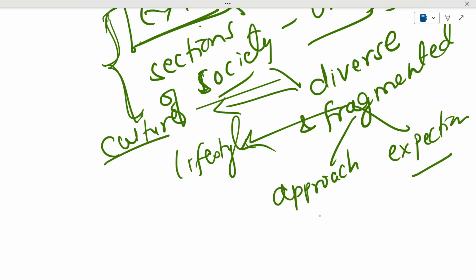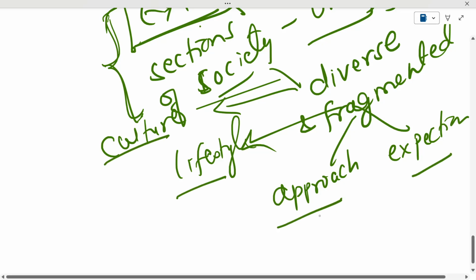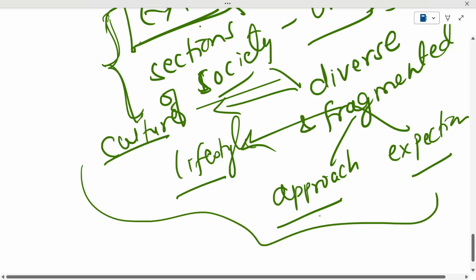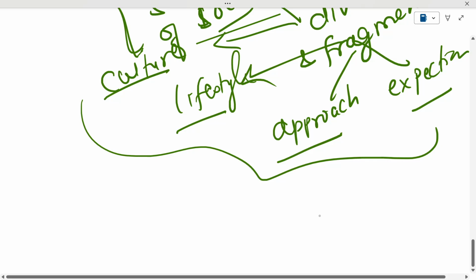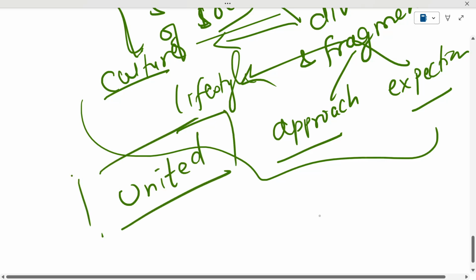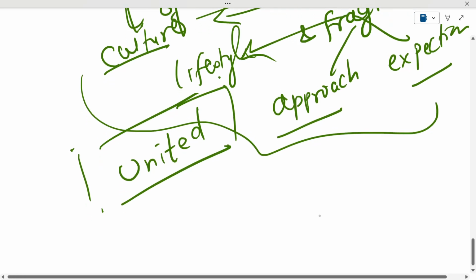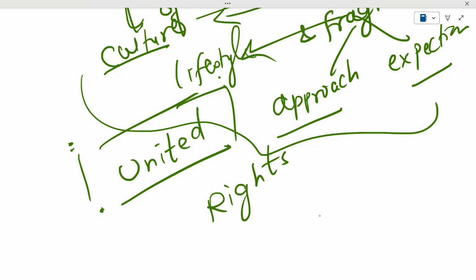So people were not united. This whole explanation means that the diverse sections of our Indian society could not stand united because there were a lot of differences between them, and the primary difference concerned rights.